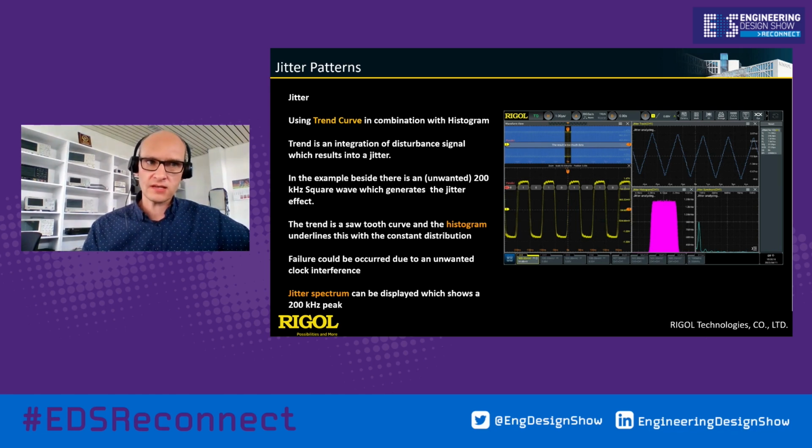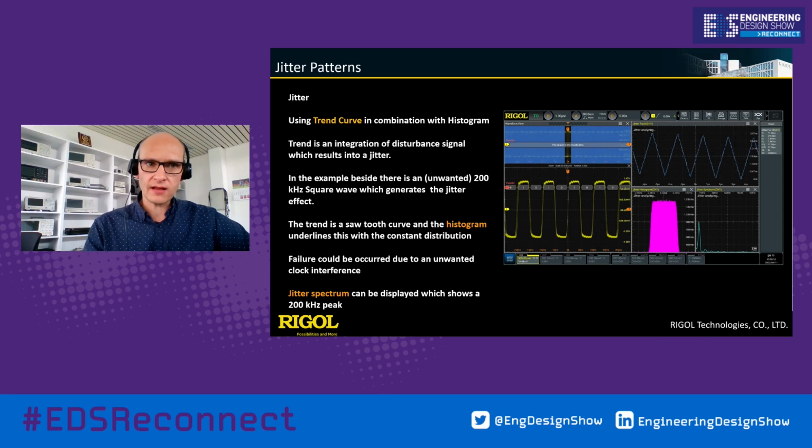And you can see this in the trend graph, that we see such behavior. Furthermore, the histogram underlines the constant distribution, which also underlines the root cause of a signal with a square wave.